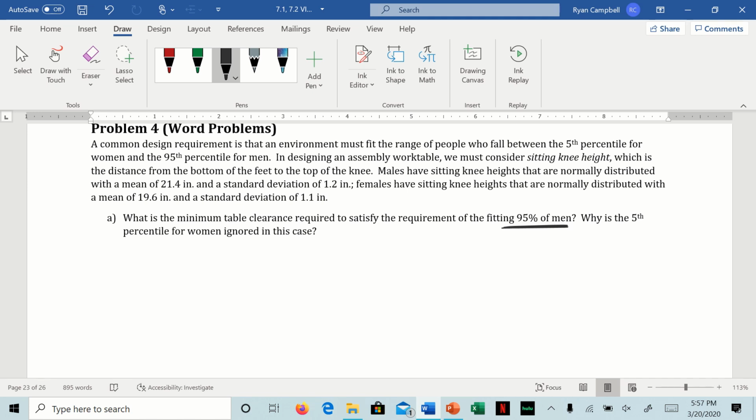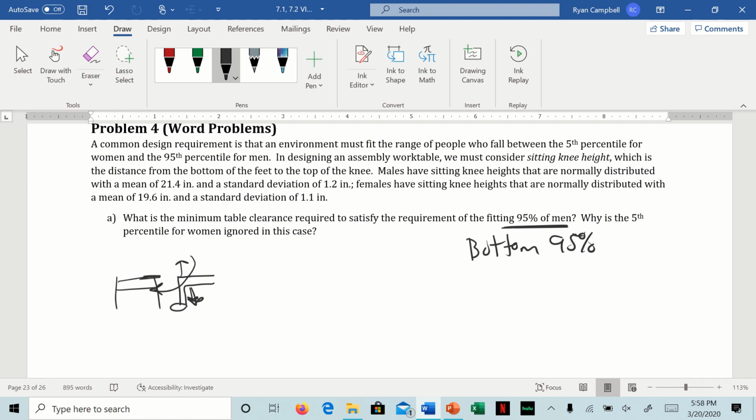First, who is going to be using these work tables? If you're going to use it, you need to go underneath that desk, right? So it's a lower height. So this is a bottom 95%.